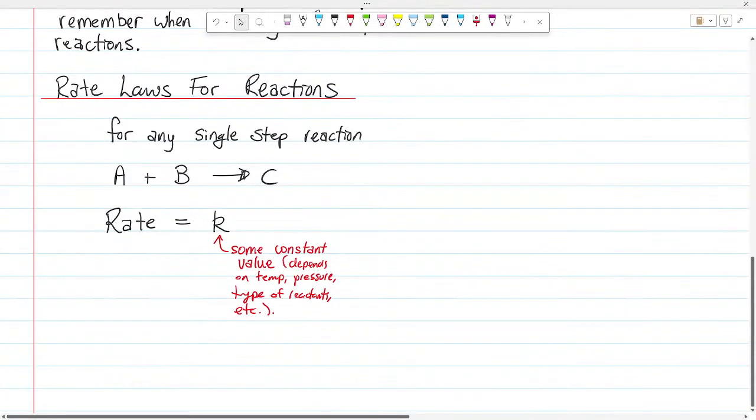So there's going to be some constant value, but as a reaction happens, what does change is how much stuff you have, right? And remember, for this reaction to happen, A has to bump into B.